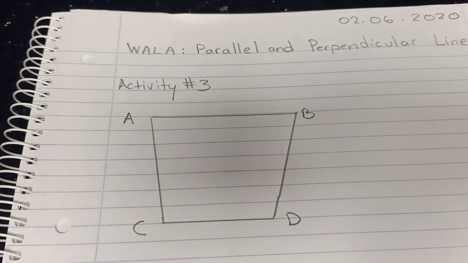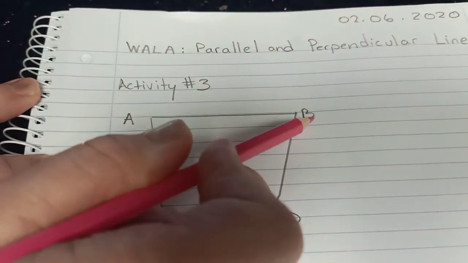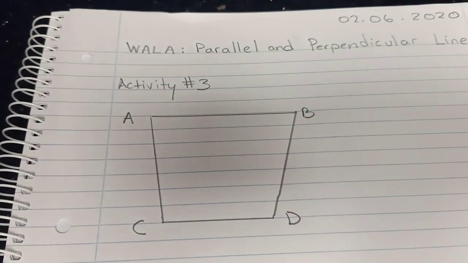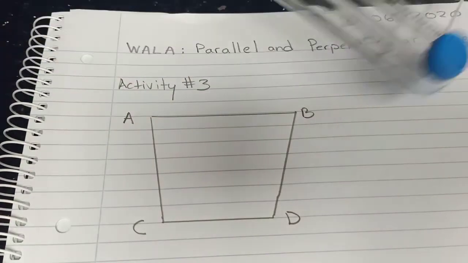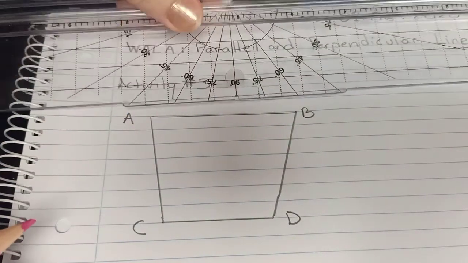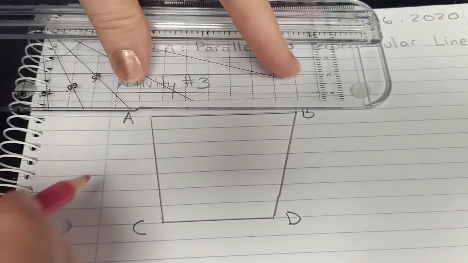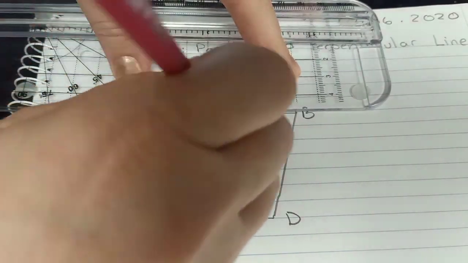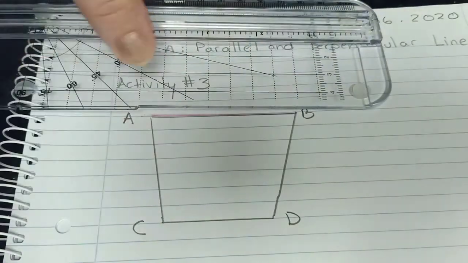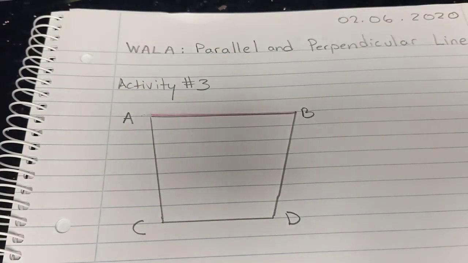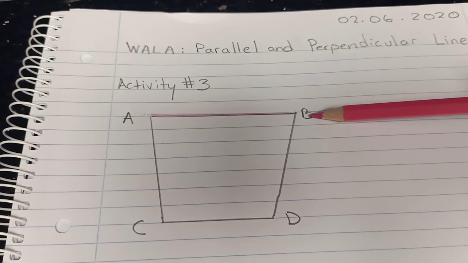Now the first statement says line AB is parallel to CD. So where is line AB? Okay, well there's A and there's B. So right in between A and B must be the line AB. So I am just going to go over it in a different color to make sure it stands out. So now I have line AB as pink.